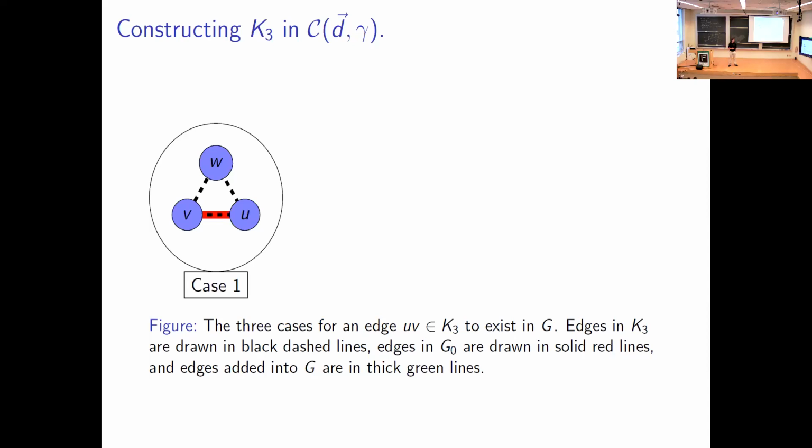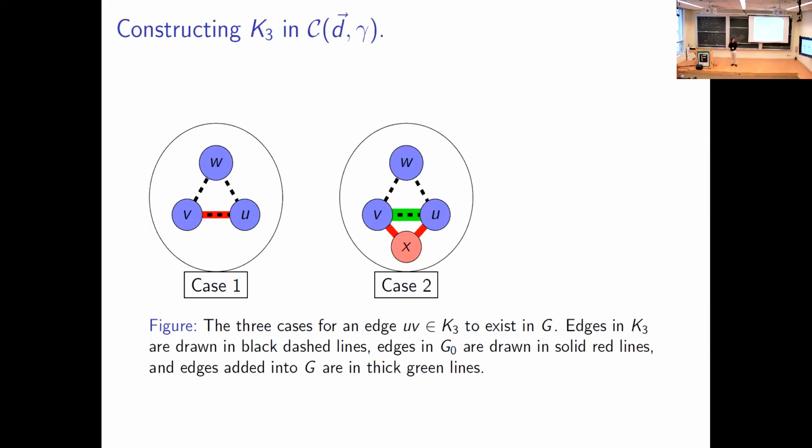So let's just look at this edge, UV. Well, case 1, UV is already in my graph G0. I don't have to add it when I'm trying to build my triangle. That's great, but that's probably not going to happen. So let's look at case 2. Case 2, there's some vertex, which I'll denote by X, sitting way outside my desired copy of a triangle, but it's adjacent to both endpoints of my desired edge.